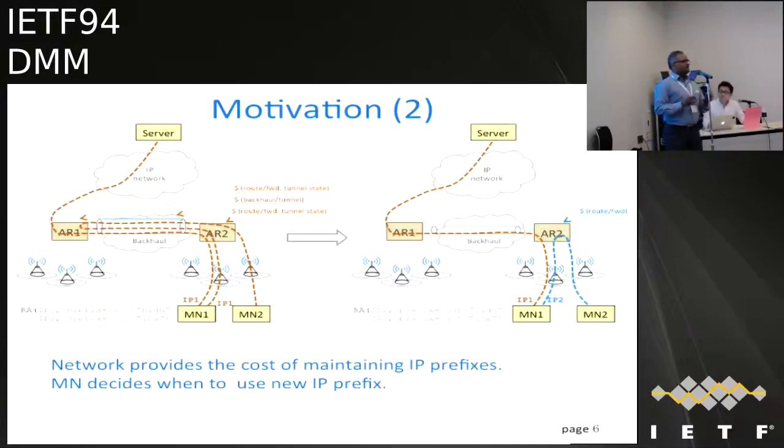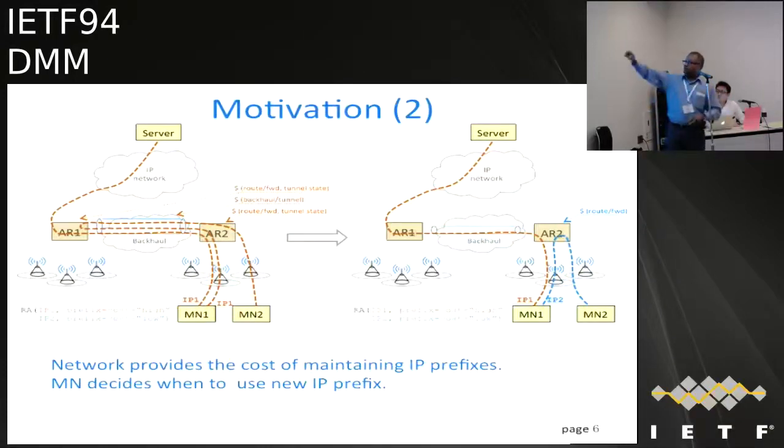And the idea is that at any point, the network is not providing very circuitous kind of connections, using a whole lot of additional resources in the access network. And also the MN is getting better service as a result of shorter routes and so on. So that's the point that we want to make here.